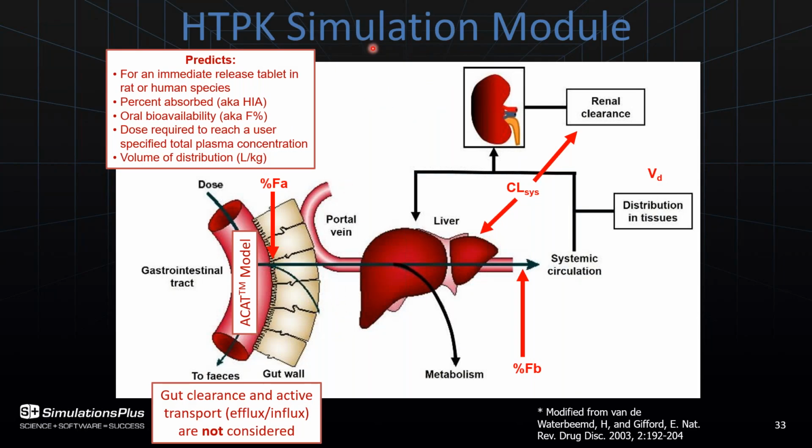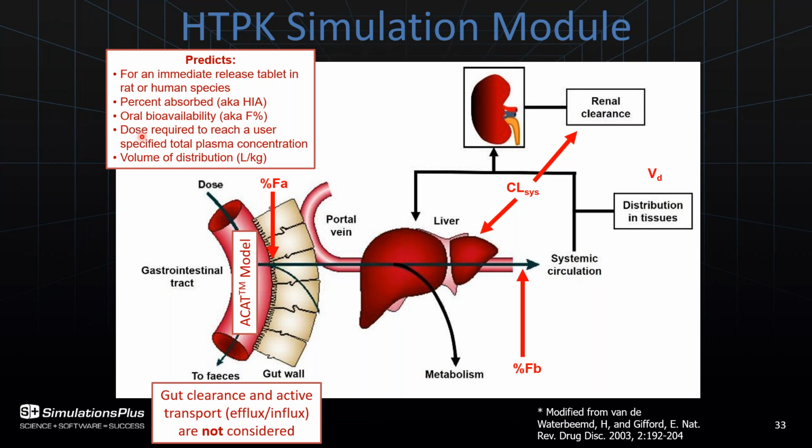Our HTPK simulation module predicts for an immediate release tablet, which is the only dose form we have currently, in either a rat or human species. We predict the percent absorbed or the fraction absorbed, also known as the human intestinal absorption. We predict oral bioavailability, which can be termed F% or percent FB.